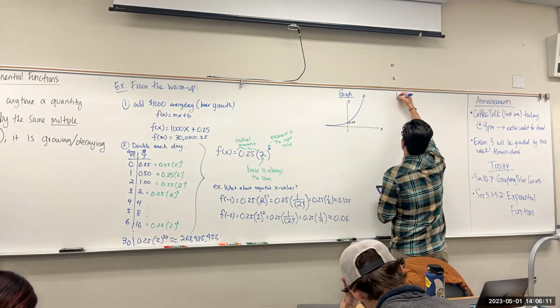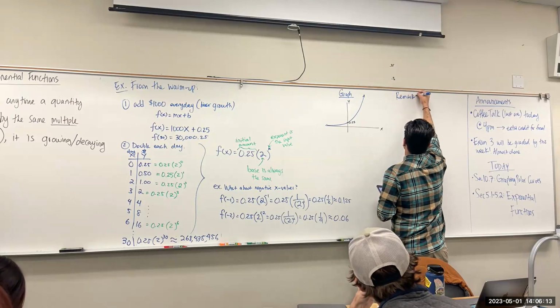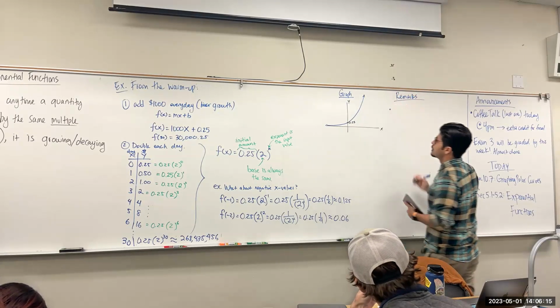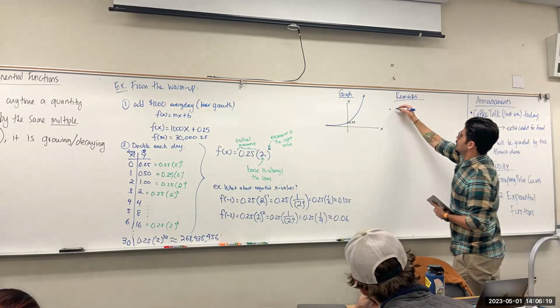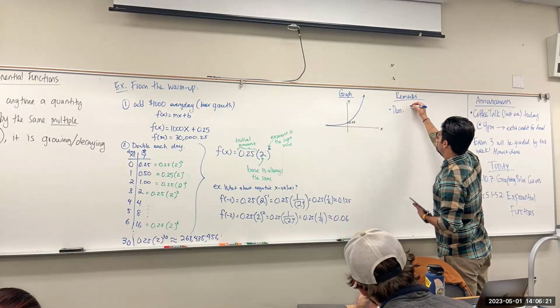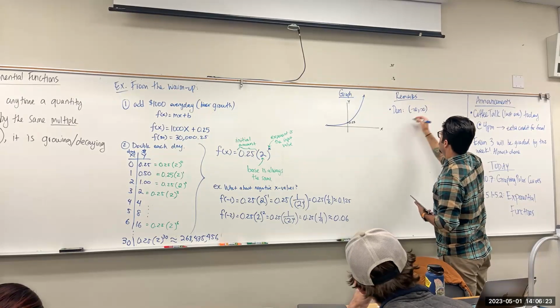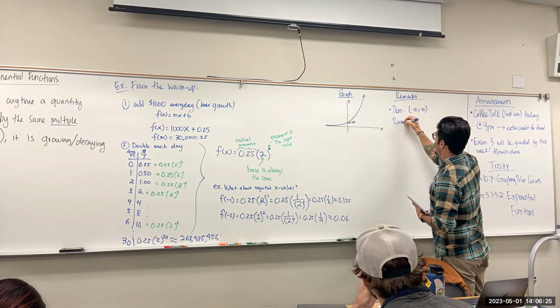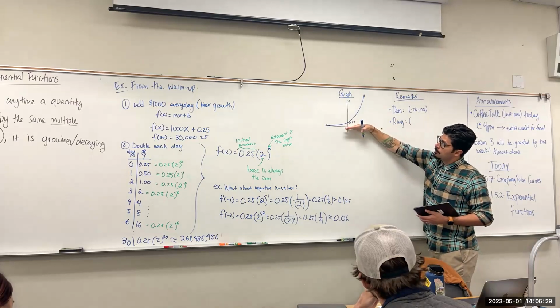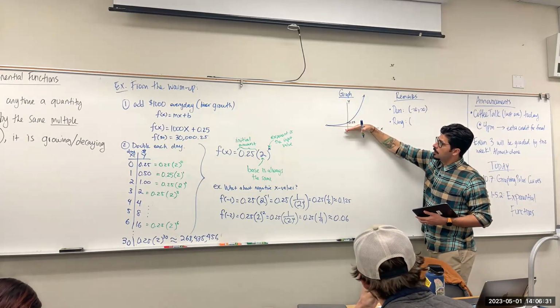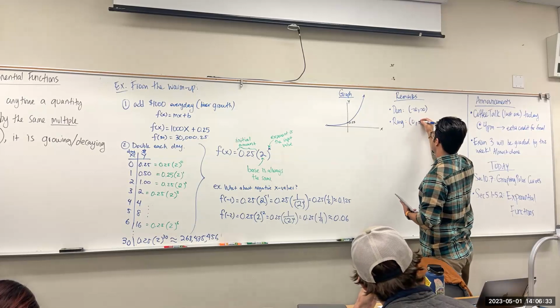And so we saw a couple things. We saw that its domain is negative infinity to infinity. Its range was everything from 0, excluding 0, as you guys said, to positive infinity.